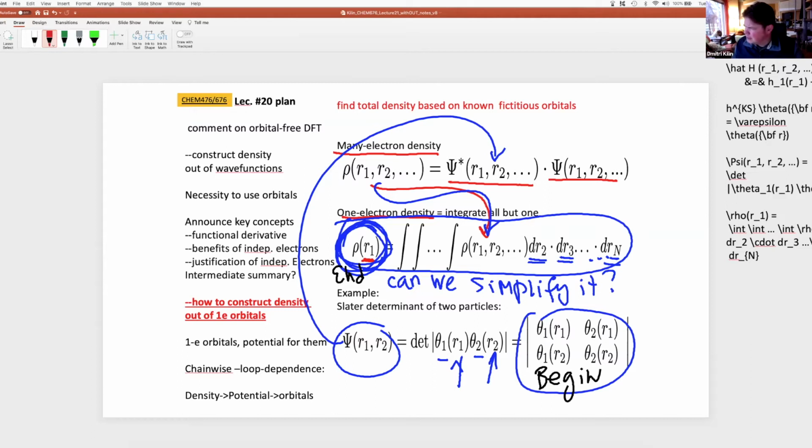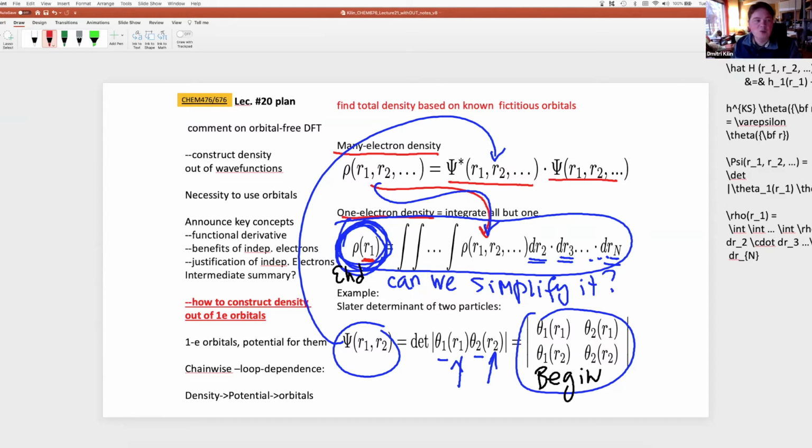For the density functional theory procedure, we never requested, we never told that we need multi-electron density. The concept used in theorems was the density of all electrons in a single point.